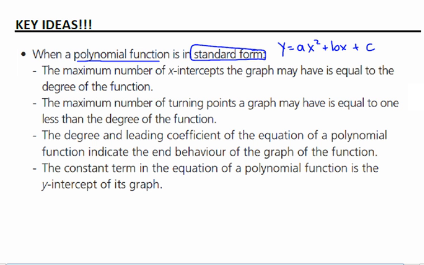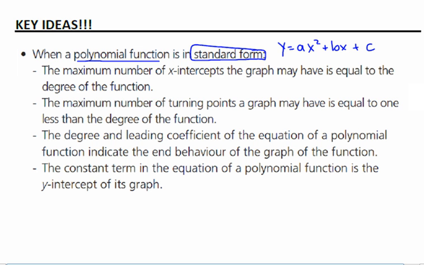Okay, what's a polynomial function? We have to know our terms, right? So how did we know something was a polynomial function?